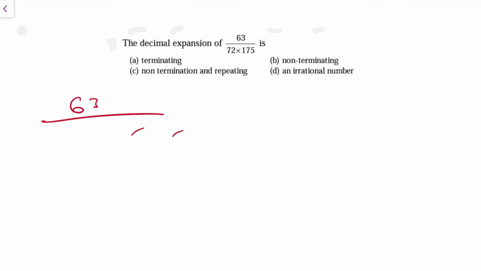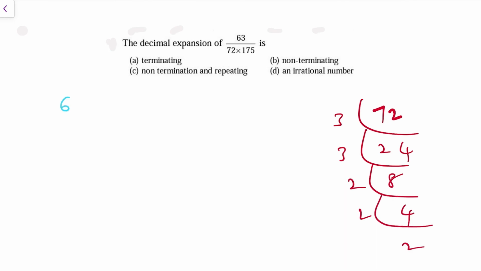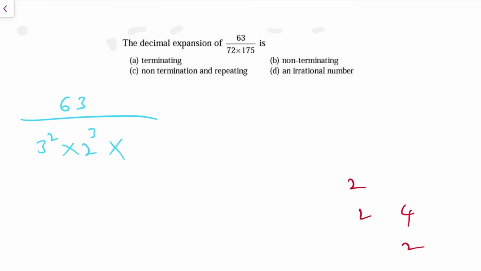Okay, if you feel this is a little difficult, then we will go with the direct prime factorization, no problem at all. 72: 3 twenty-fours, next again 3 eights, 2 fours, 2 twos. So 63 divided by 72 can be written as 3 square into 2 cube, into the next number 175.